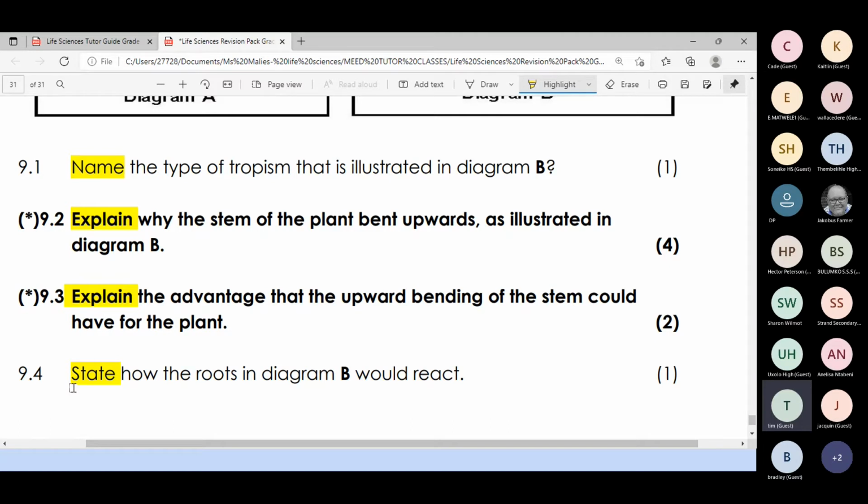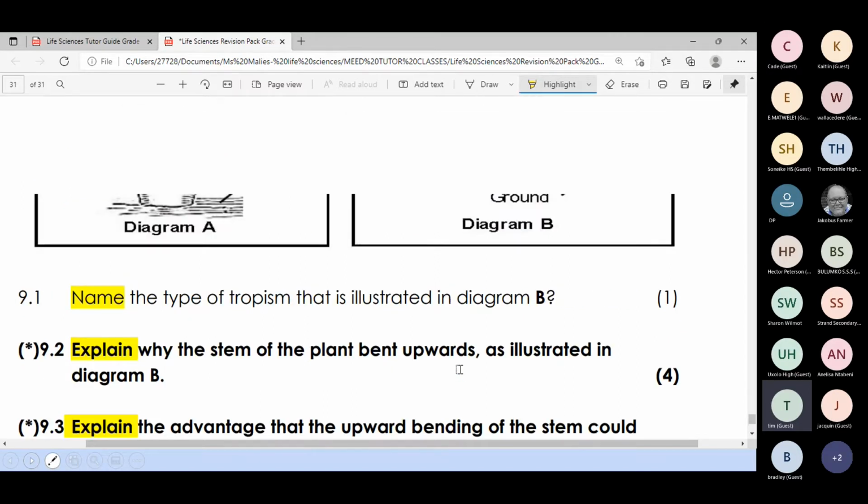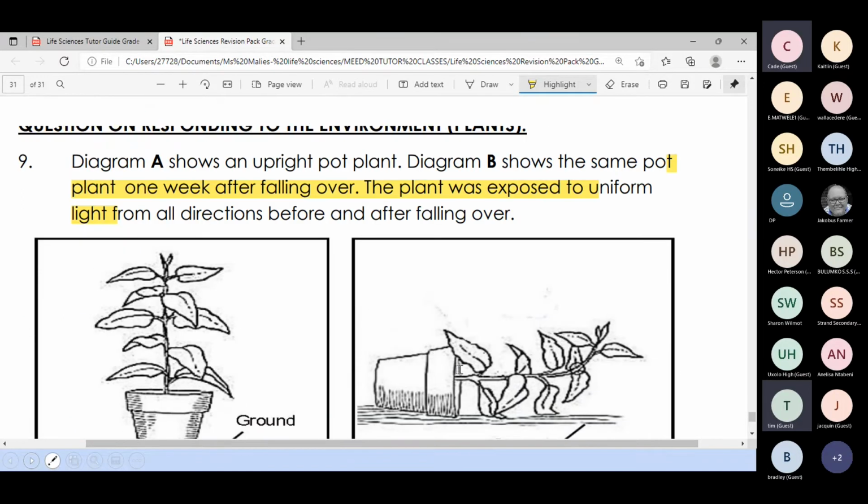Then 9.4, state how the roots will be reacting in diagram B.